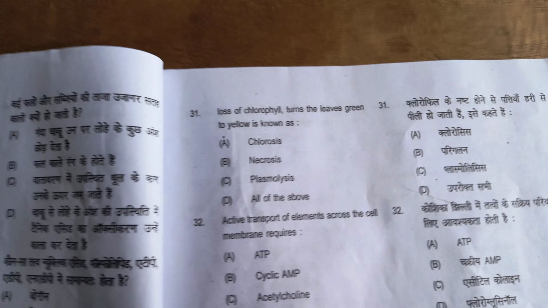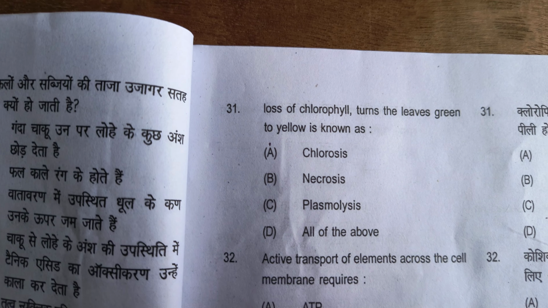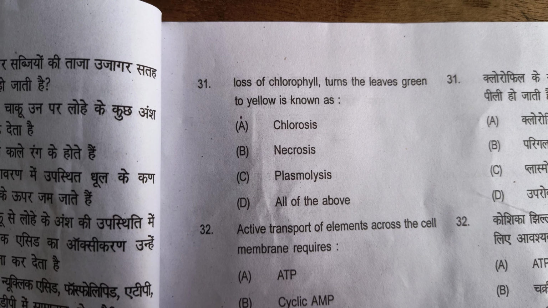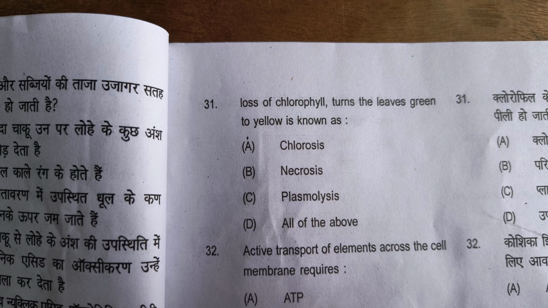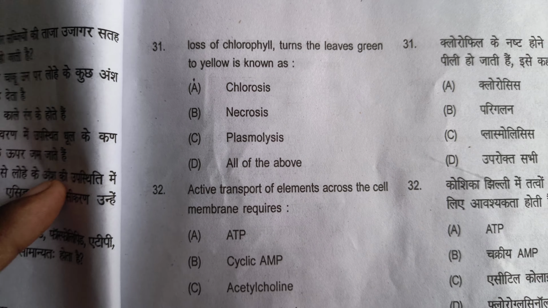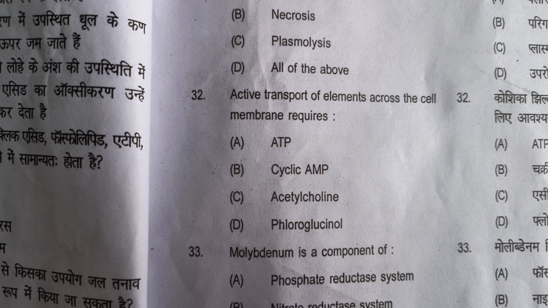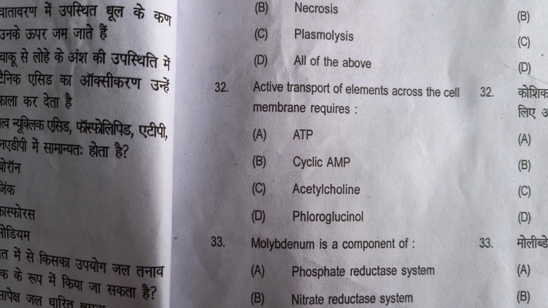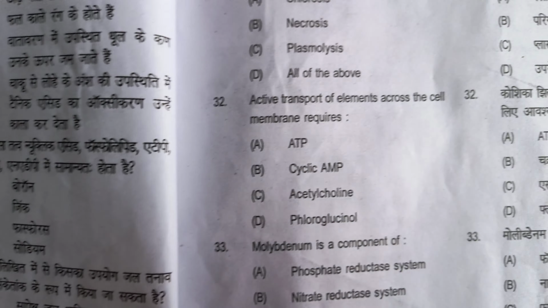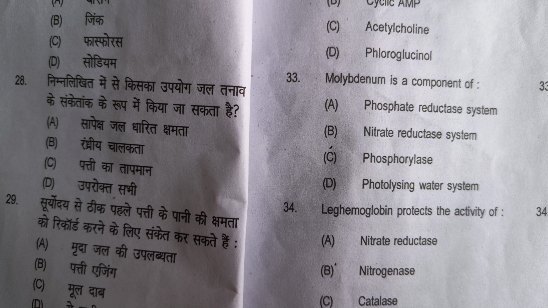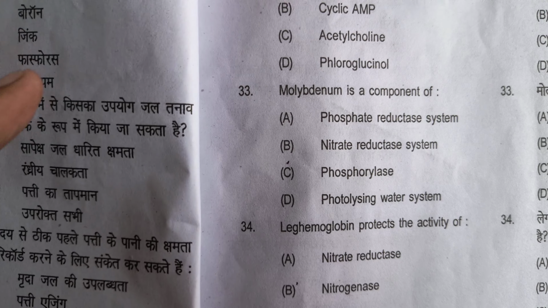Next, loss of chlorophyll that turns the leaves from green to yellow is known as chlorosis. Next, active transport of elements across the cell membrane requires. The answer is not found, comment down in the comment box. Molybdenum is a component of nitrate reductase.